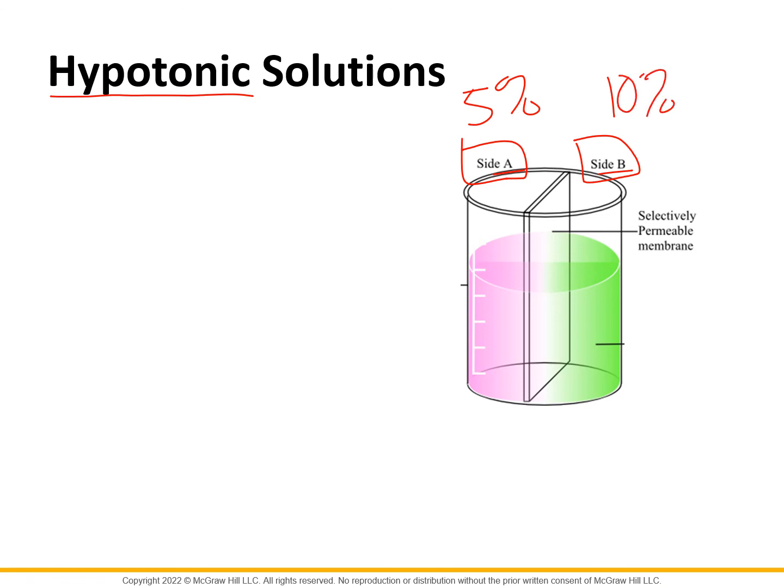So they're not equal to each other. So the hypotonic solution, hypo means lower, and tonic means solute. So the hypotonic solution is going to be the one with the lower solute. So that'll be the one with the lower concentration of solute.